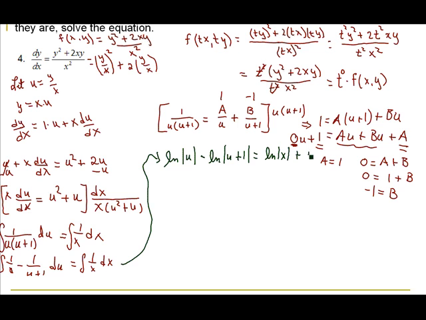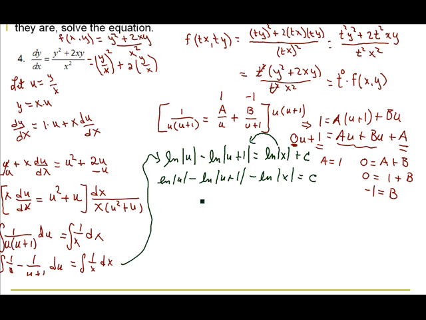And then I have my constant of integration. I'm going to bring all my log terms over to the same side of the equation. So let me bring that natural log x over. So I have natural log of u minus natural log of u plus 1 minus natural log of x is equal to c.